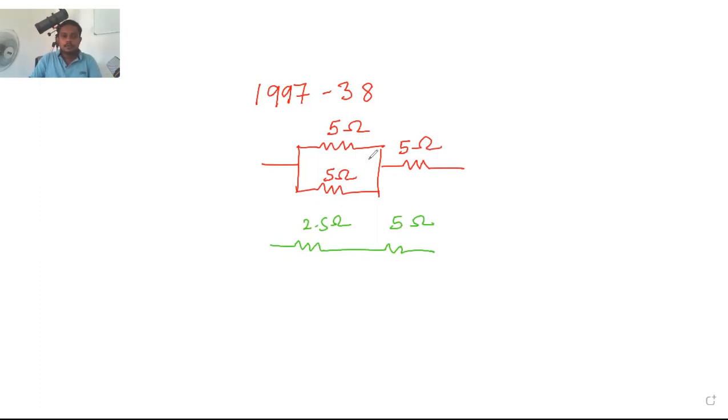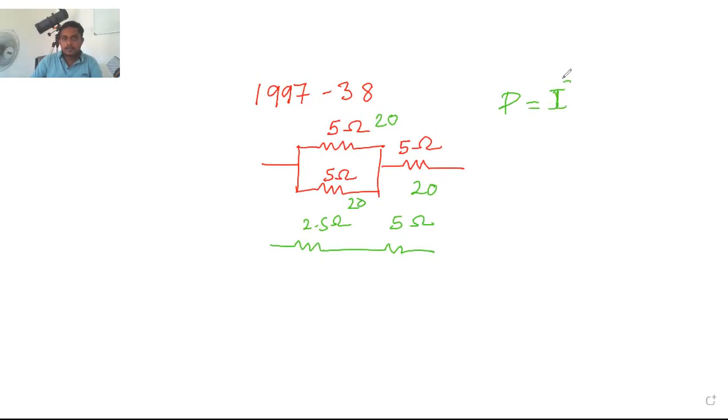They didn't give the current. Each resistor has 20 watt. So 20, 20, 20.